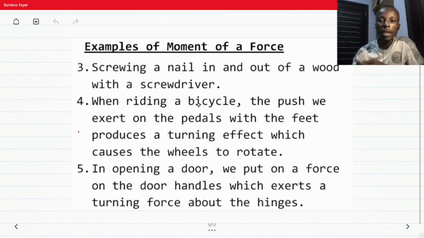When riding a bicycle, the push we exert on the pedals with the feet produces a turning effect which causes the wheels to rotate. In opening a door, we put a force on the door handles which exerts a turning force about the hinges. These five are practical, real life, everyday examples of moment of a force.